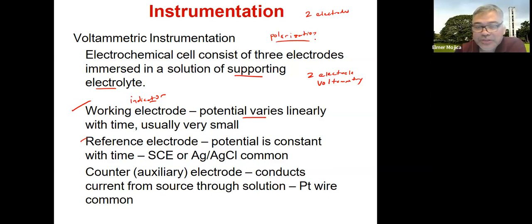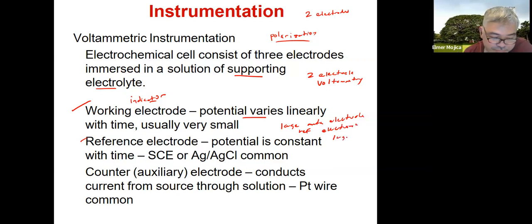Polarization. So walang polarization sa potentiometry. So what you need to do if you have an electrode system is make sure that the second electrode is either a large metal electrode or a reference electrode that is large enough to prevent its polarization during the experiment.